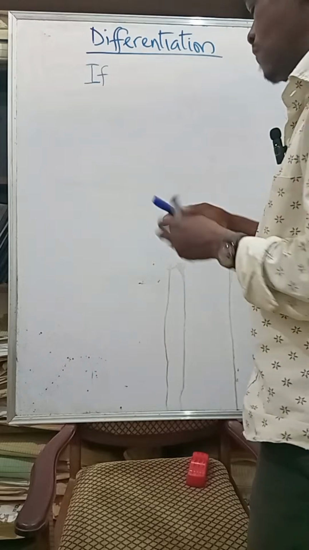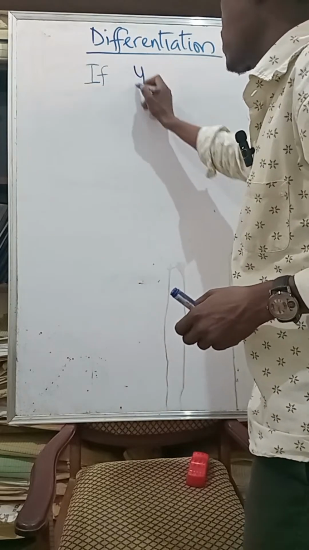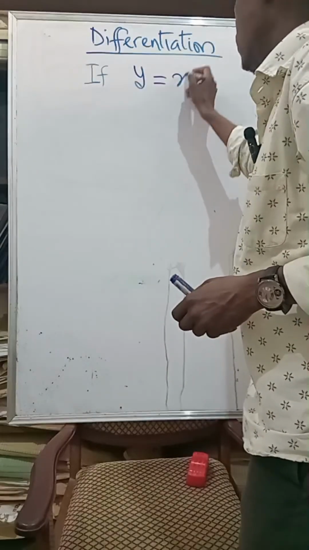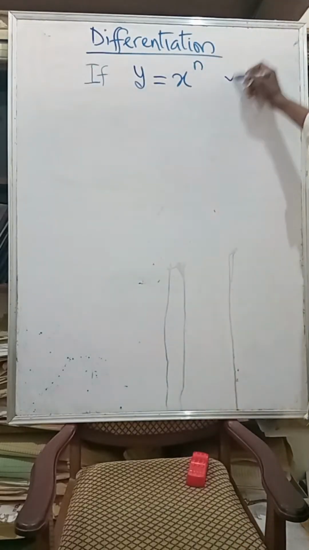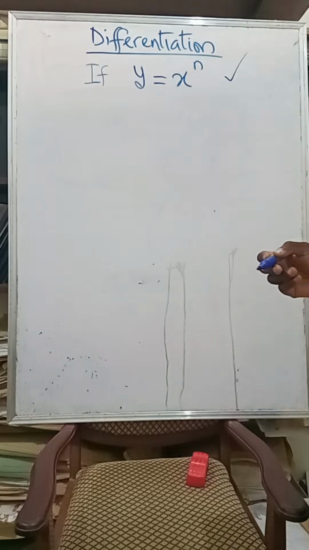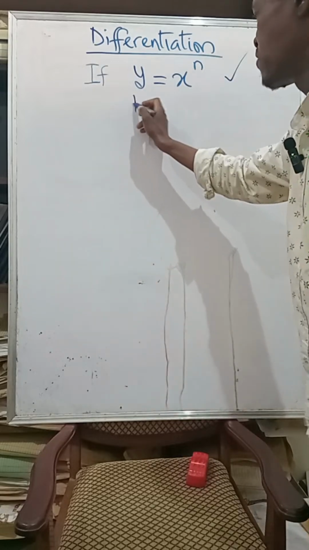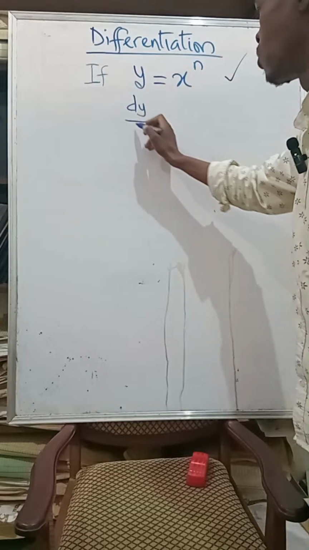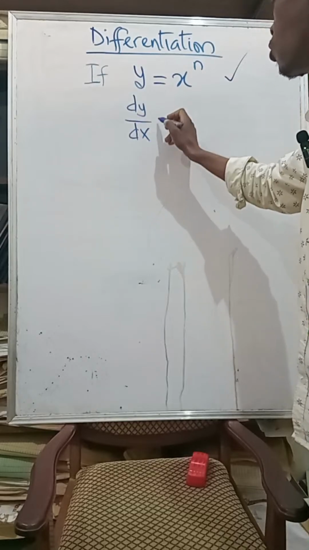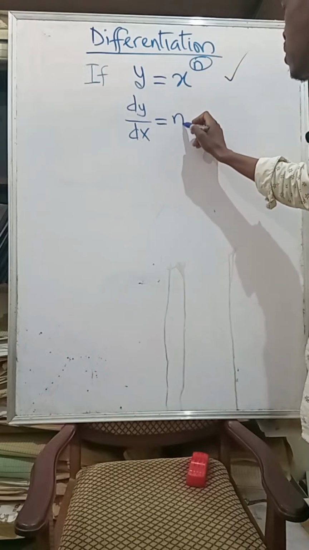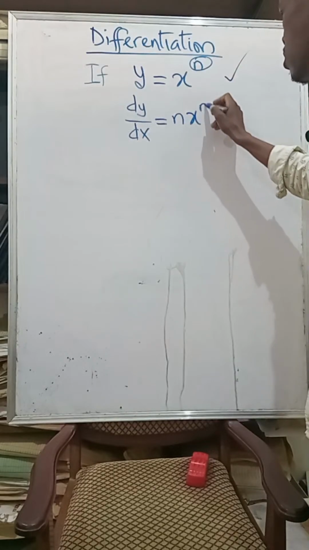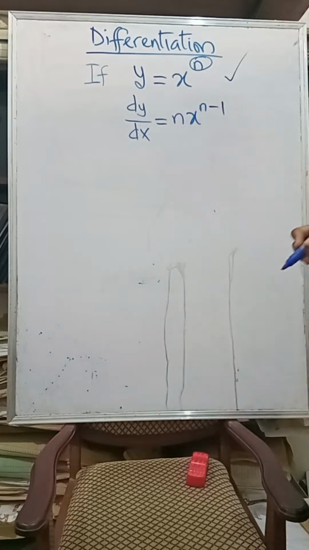Let's say you have y as a function of x, raised to the power a. You have this type of expression. The derivative, which we call dy/dx, will be equal to the power going to the front, and then the expression to the power minus 1.